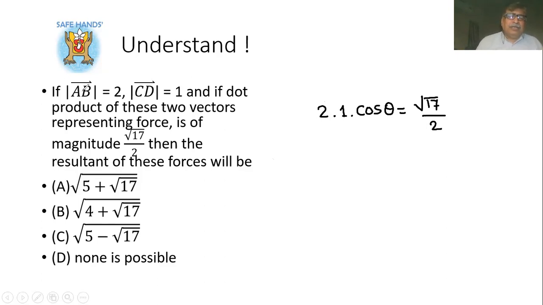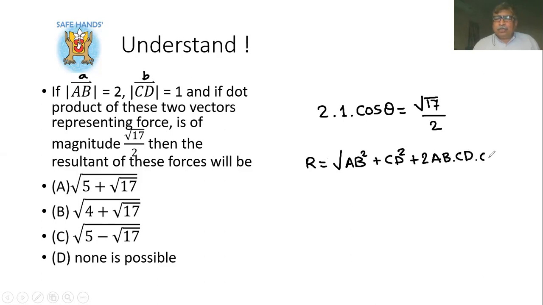Now, if temporarily instead of AB, I call this as A vector and this as B vector, you started thinking that then the resultant of these forces will be obtained by the rule that it is under root of magnitude of AB its square plus magnitude of CD its square plus 2 times AB CD cos theta. Wonderful.